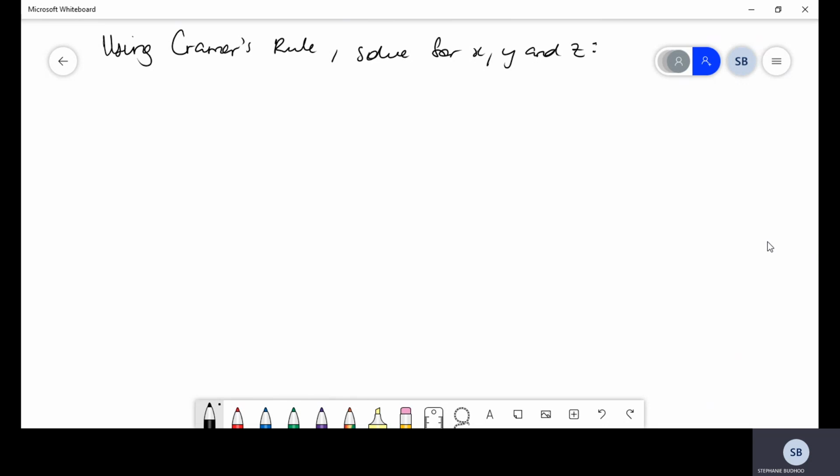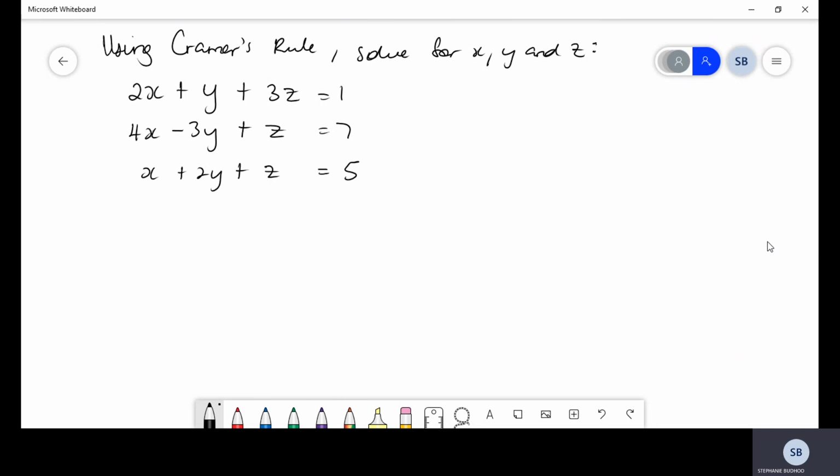Okay, so let's just say we had 2x plus y plus 3z equals 1, 4x minus 3y plus z equals 7, and then finally we have x plus 2y plus z equals 5. How do we use Cramer's rule to solve for these?